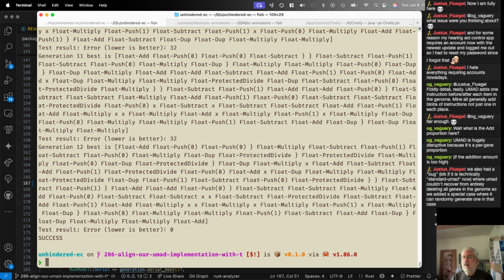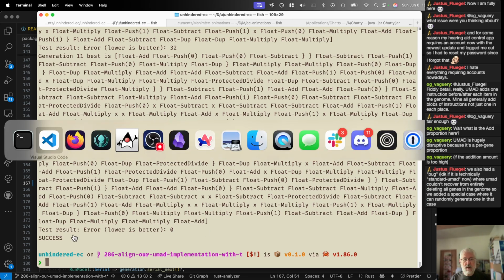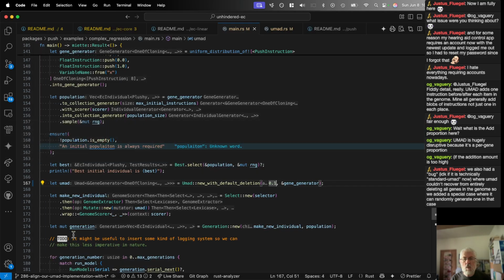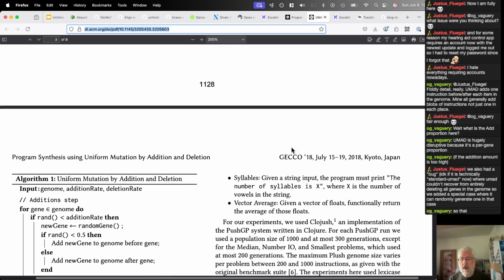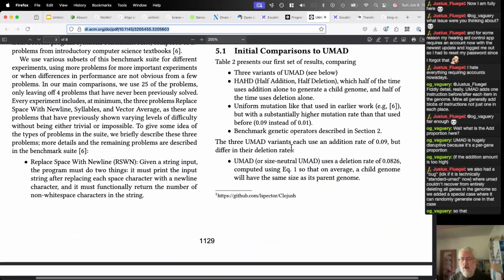So the add proportion that I'm using is 0.1. And then the deletion is 0.09 something. And that is actually, hang on, that is really high, right? Because in the paper here, no, it's not. Because we used 0.09, and 0.1 is pretty close to that.